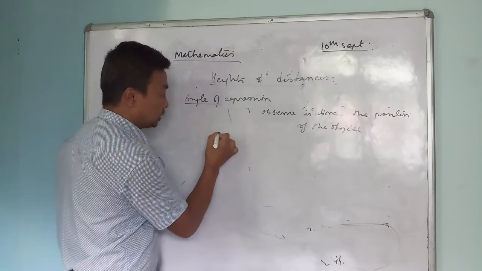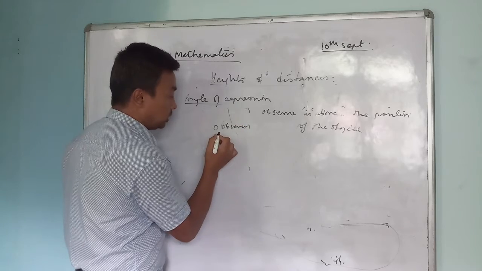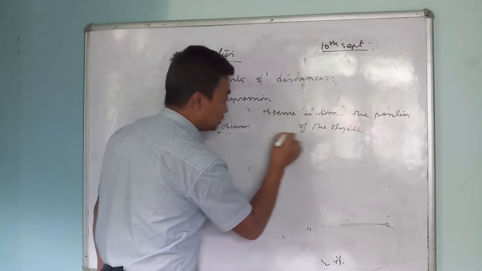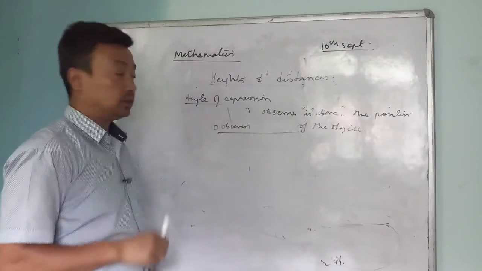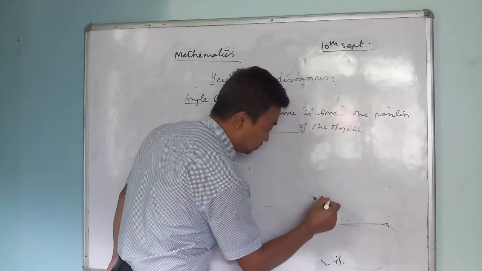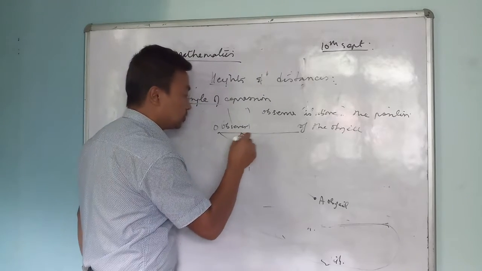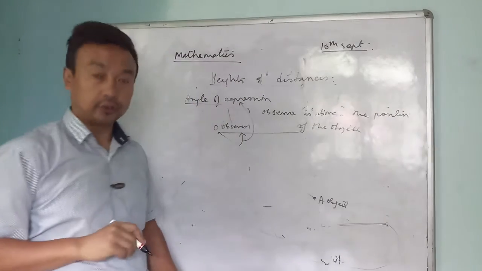Let us take O as the observer, and always draw this horizontal line. With respect to this, you are looking down, and the object is here. This angle is called the angle of depression.